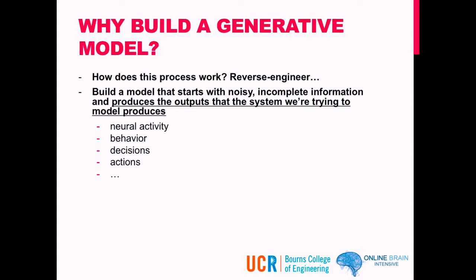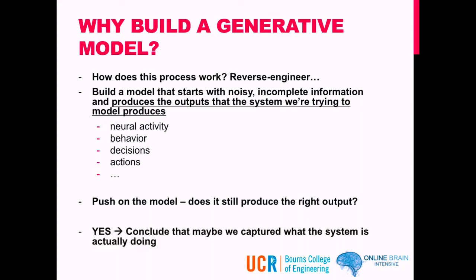Our next step in building a generative model, or in testing the model that we've built, is to push on the model. You change the input somehow, you change the calculation that it's doing in some predictable way, and you see if that model still produces the right output in the behavior or the neural activity.